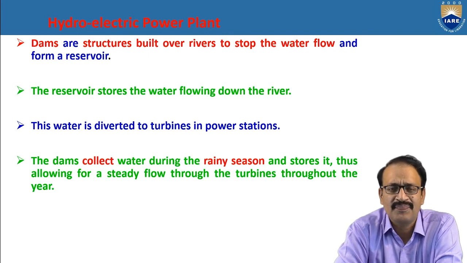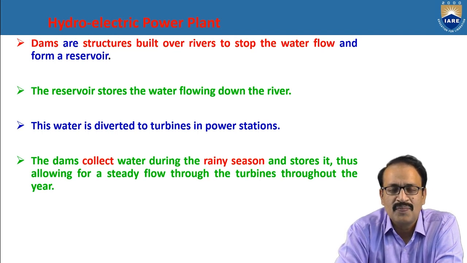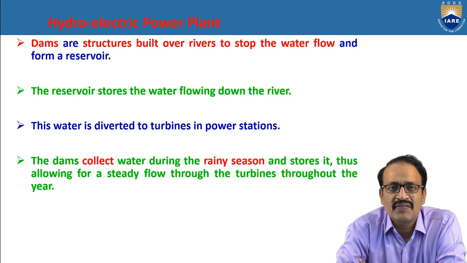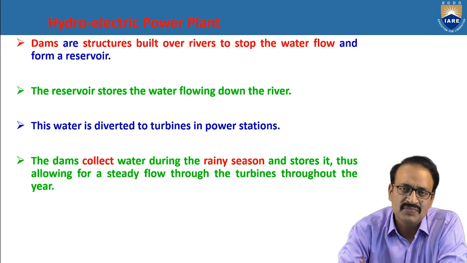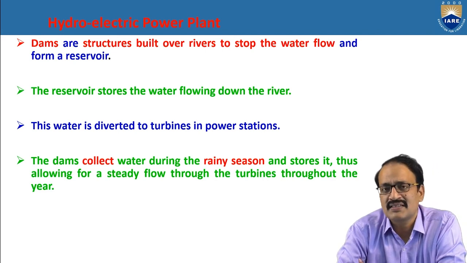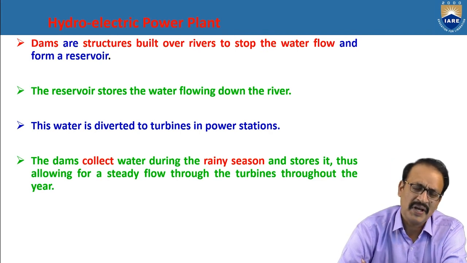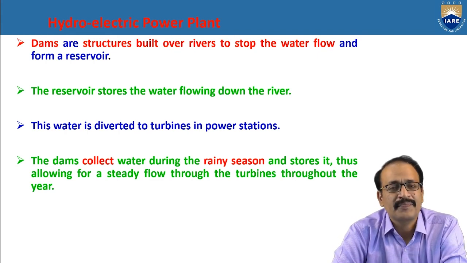This dam basically stops the flow of water and stores it, so we can control the flow of water with the help of the dam. After storing the water, we will divert it to the turbine in order to generate the power.